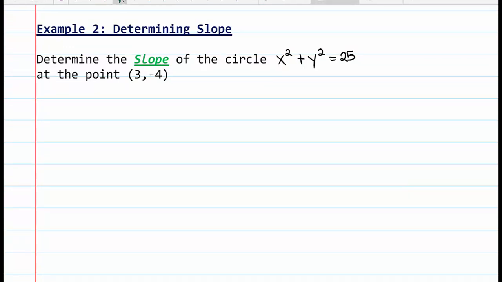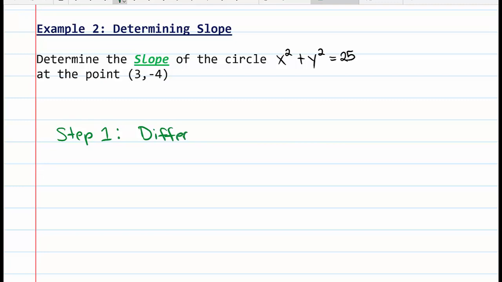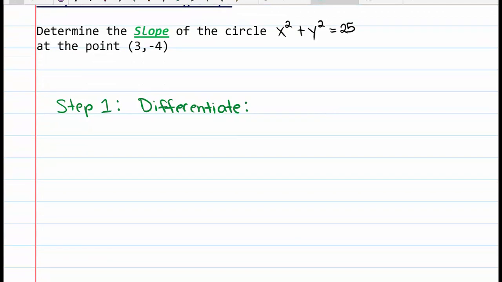So here we go. Step 1 is to differentiate. Alright, so that's step 1, differentiate. Now the question is, what in the world do we differentiate? Well, we're going to differentiate with respect to x.